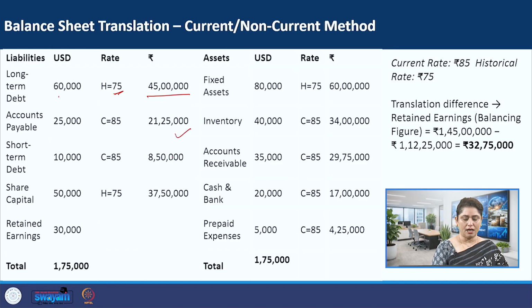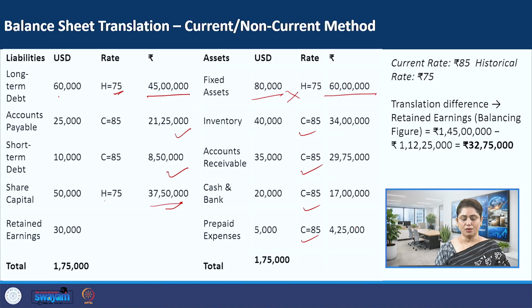Similarly, we get the other values by multiplying the USD value by the rate. Our fixed assets were $80,000. We multiply it with 75 rupees per dollar and we get the rupee value of 60 lakh. And similarly, we have done this with the other items.